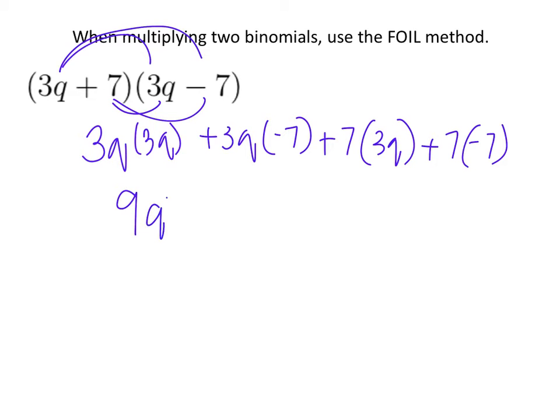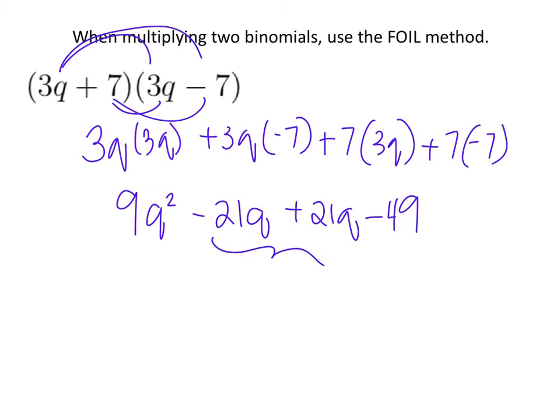Then we have q squared. This is going to become negative 21q plus 21q minus 49. Here, when we're combining like terms, we notice that you have negative 21 and positive 21. So they actually cancel each other out. So all I have left are 9q squared minus 49.